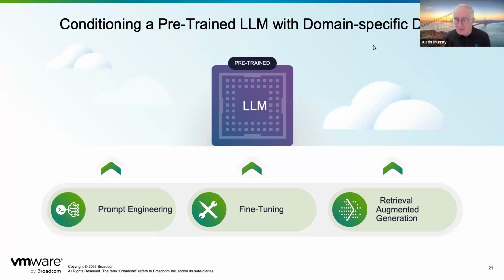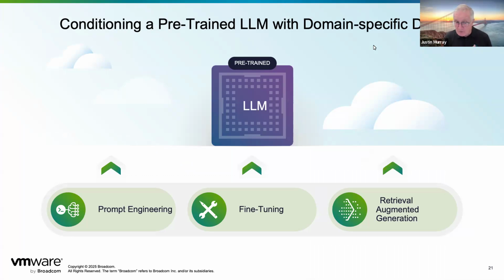So the techniques being deployed right now to solve that problem are prompt engineering, fine-tuning, and retrieval augmented generation. And we have a strong recommendation of retrieval augmented generation as the place to start.